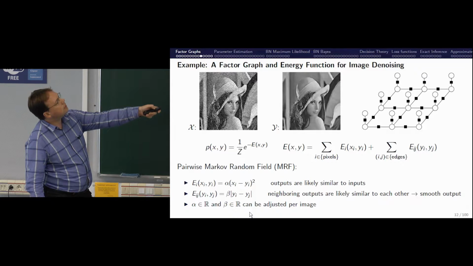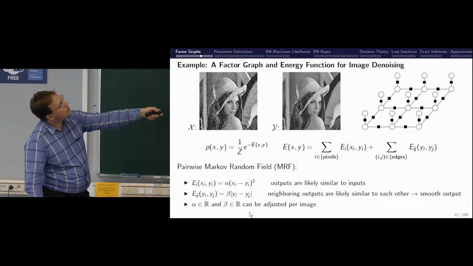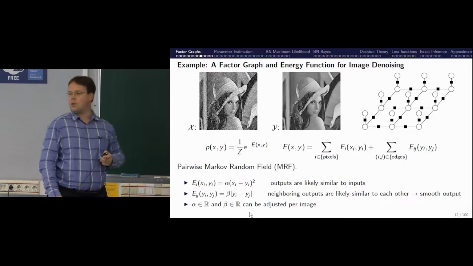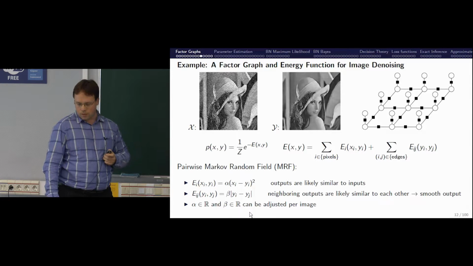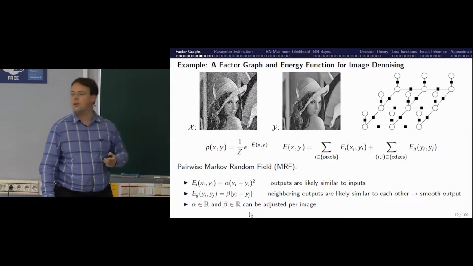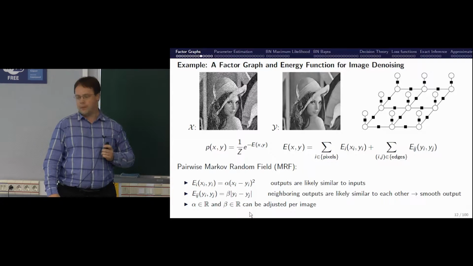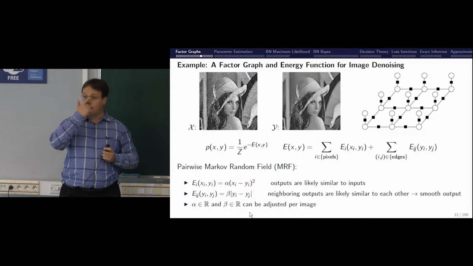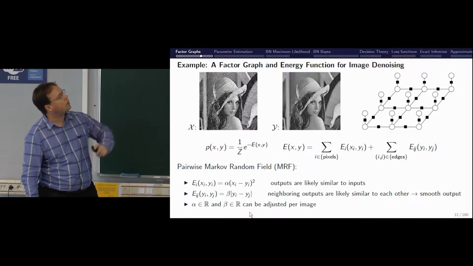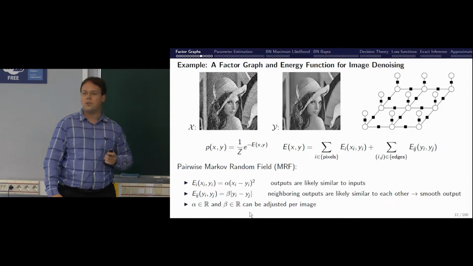And then the ones that are lower and connected, these will be the y's, the denoised pixel values. And the ones above that are not connected could be the original pixels, the noisy ones. And then, based on this factor graph, you would know which terms you have to multiply with each other, or vice versa.